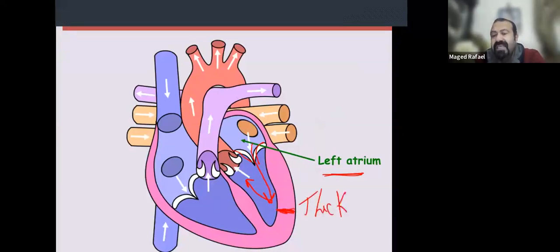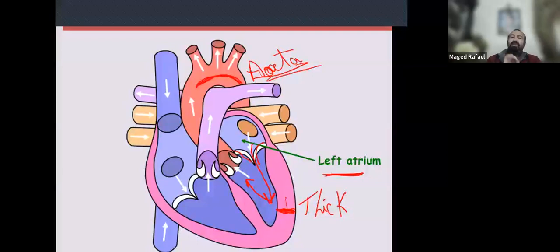So this is the thickest chamber in the heart. Why is this the thickest chamber? Because we want this chamber to pump and deliver the blood to the rest of the body through the largest artery, which is called the aorta.